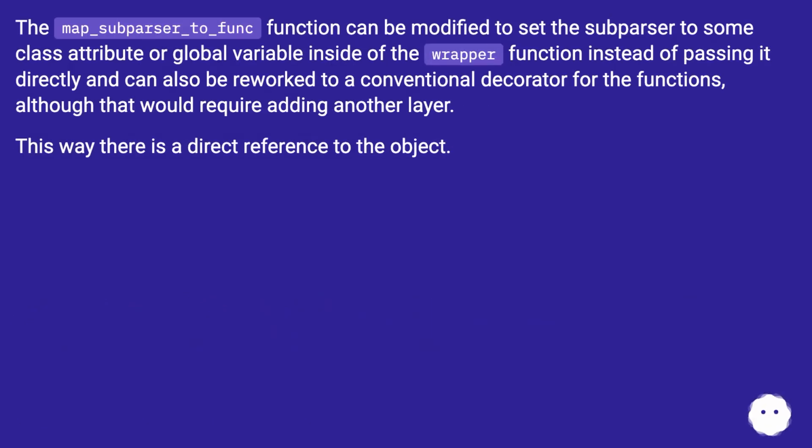The map_subparser_to_func function can be modified to set the subparser to some class attribute or global variable inside of the wrapper function instead of passing it directly, and can also be reworked to a conventional decorator for the functions, although that would require adding another layer. This way there is a direct reference to the object.